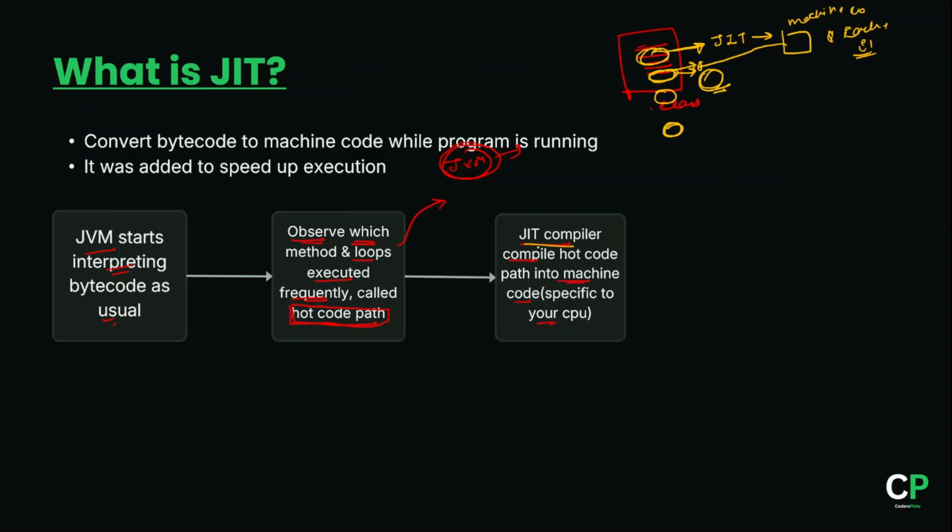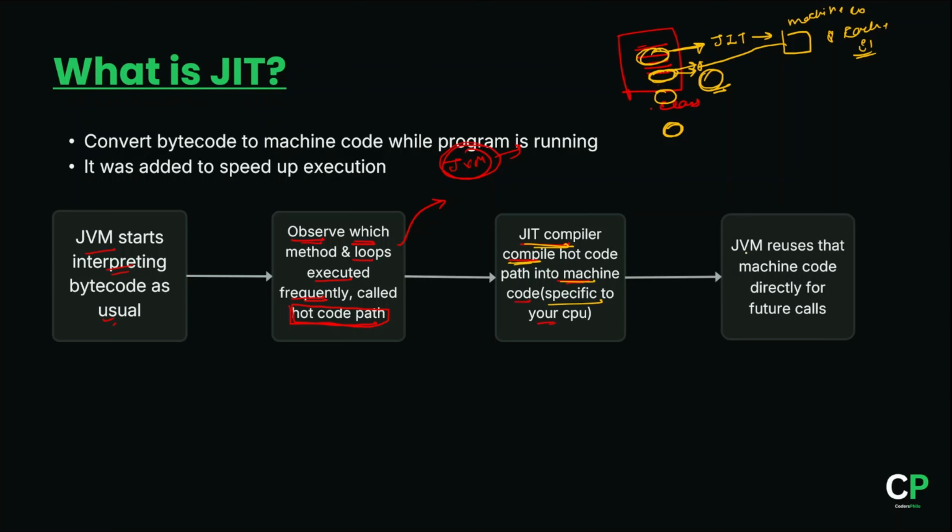So what does the just-in-time compiler do? It takes the hot code path and converts it into the machine code, and the JVM reuses that machine code directly for future calls. So in a future call, if this hot code part comes, it can directly reuse this machine code.